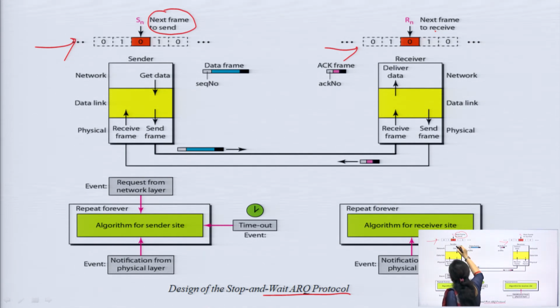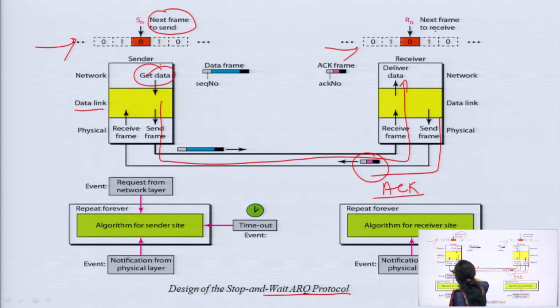The data will be generated at the network layer, received at the data link layer, then sent to the physical layer, and then given at the receiver side. Then at the receiver side it will be transmitted back, and this is the acknowledgement frame. It has to be received at the transmitter side.